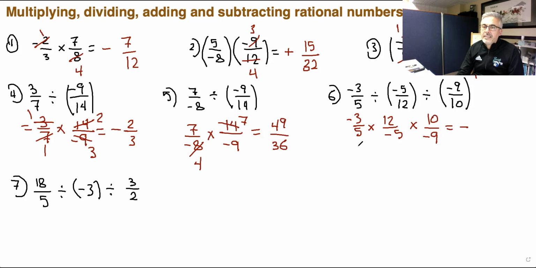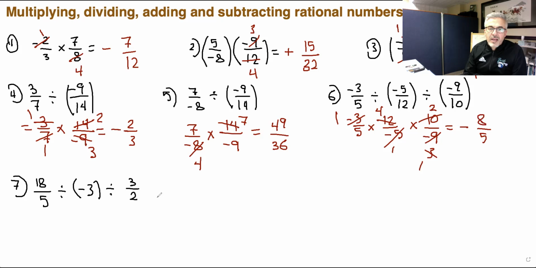Now you ignore the signs and you start reducing. 5 goes into itself once, goes into 10 twice. 3 goes into itself once, goes into 9 3 times. This 3 goes into itself once, goes into 12 4 times. Now we have 5 on the bottom. 5 times 1 is 5, and 4 times 2 is 8 on top. So negative 8 over 5 is your answer.